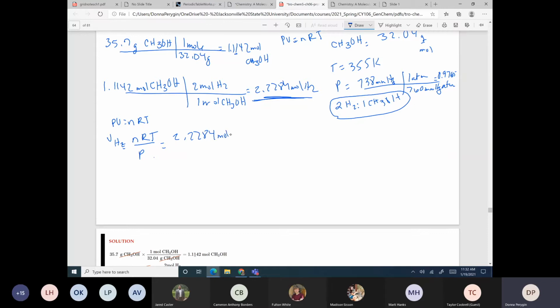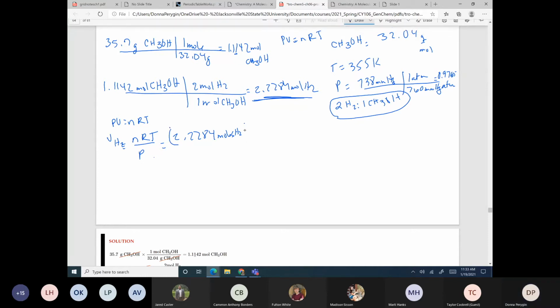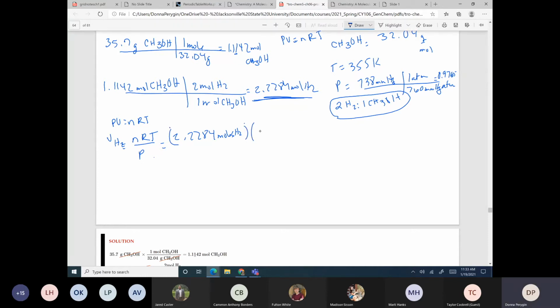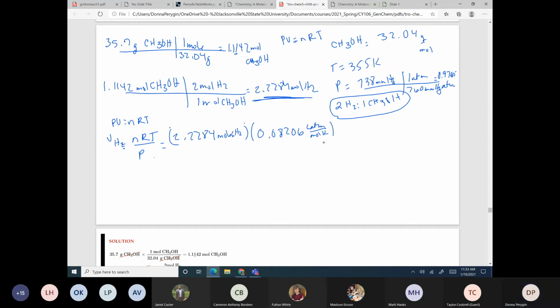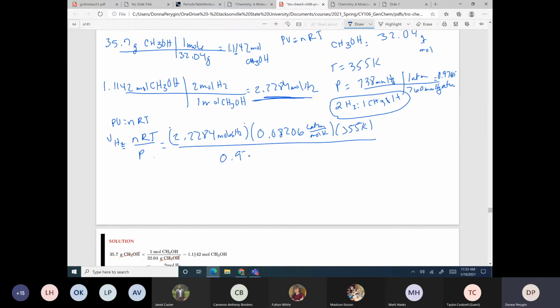2.2284 moles of H2 times 0.08206 liters atmospheres per mole Kelvin times temperature, which is 355 Kelvin, divided by pressure, which is 0.97105 atmospheres.